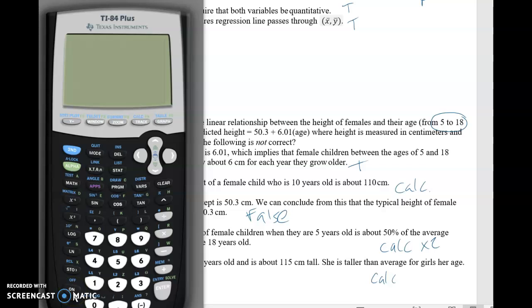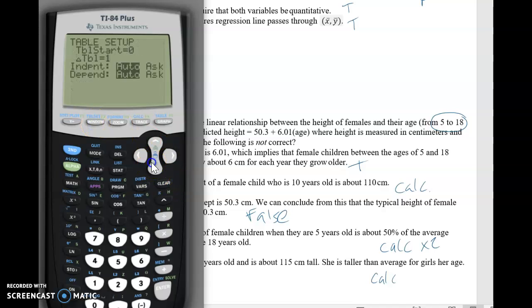All right. So I'm going to put my equation in here into my TI-84. Works the same on the Inspire. So 50.3 plus 6.01x. Okay. And I can go to my table.